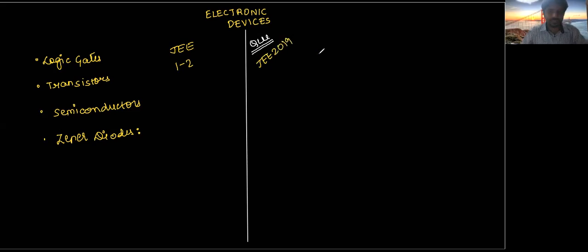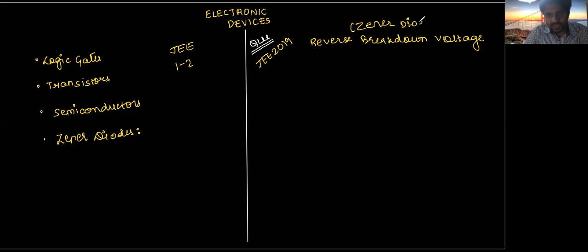It says that the reverse breakdown voltage of a Zener diode is given to us as VZ = 5.6 volts.